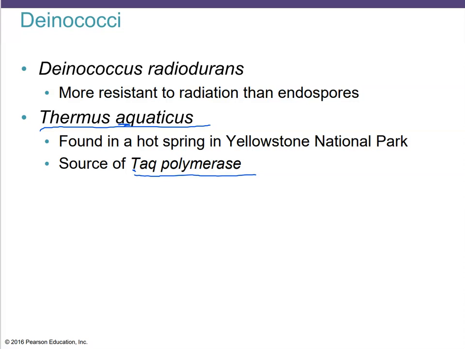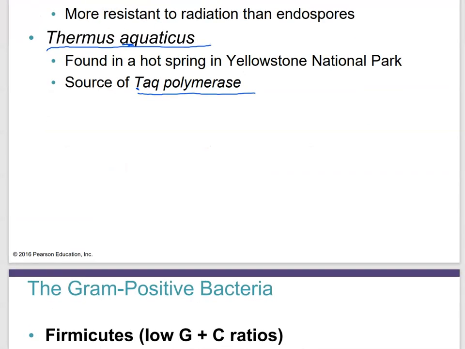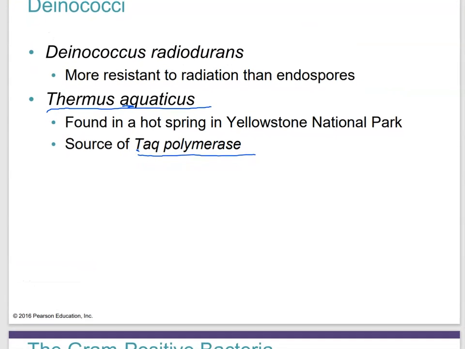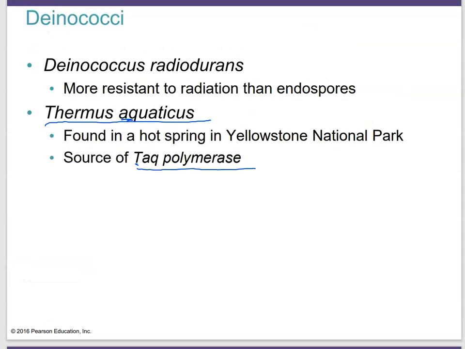This is a very important enzyme because it's extremely heat stable, and we can use it for the PCR reaction. So this one's very useful as a DNA polymerase that is heat resistant, and we can use it in our thermocycler for PCR reactions. Now that is the conclusion of our discussion of the gram-negatives.